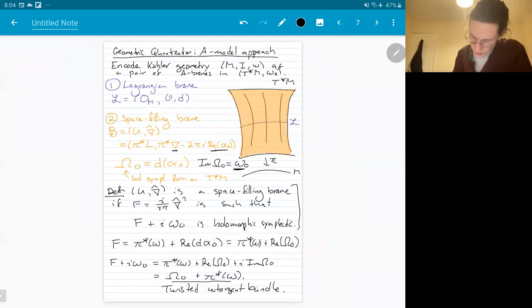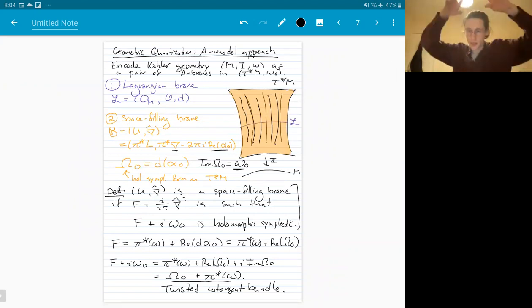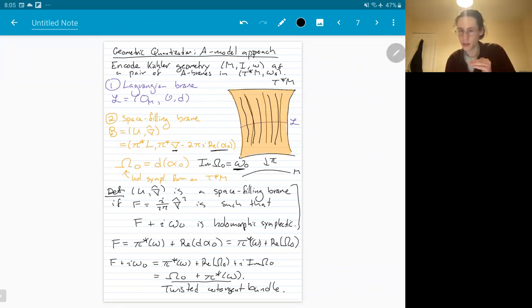So the idea is that I have this foliation, and I'm looking at the space of sections that are flat in those vertical directions. So they're constant. And I only want to look at the leaves that actually intersect L. In this specific example, every fiber intersects the zero section. So I'm just looking at the sections that are constant in the vertical direction.